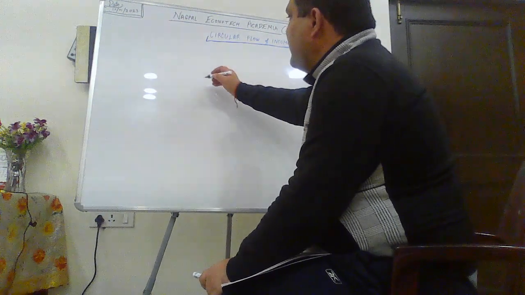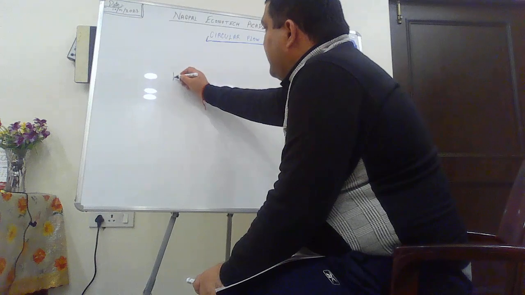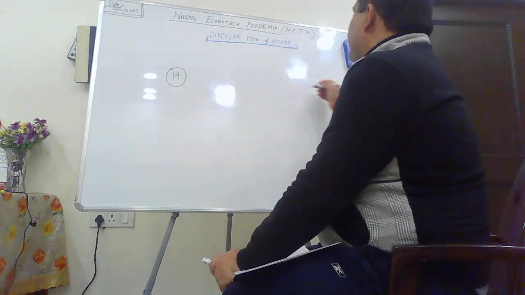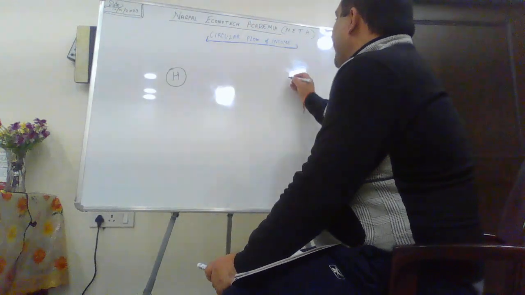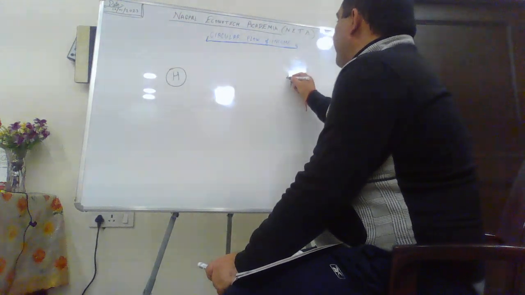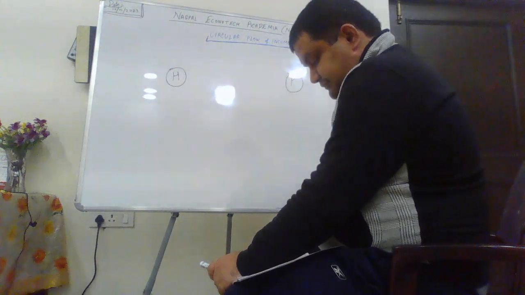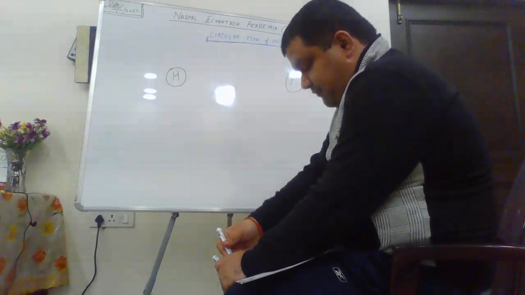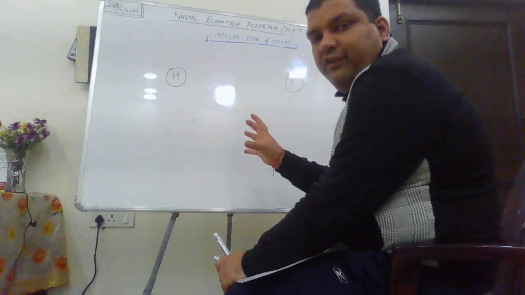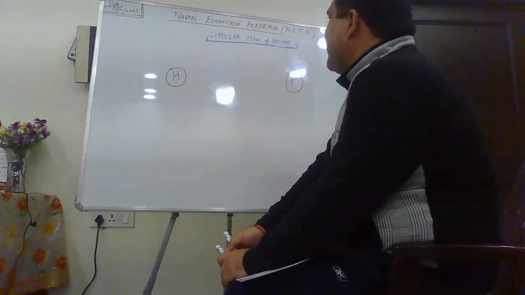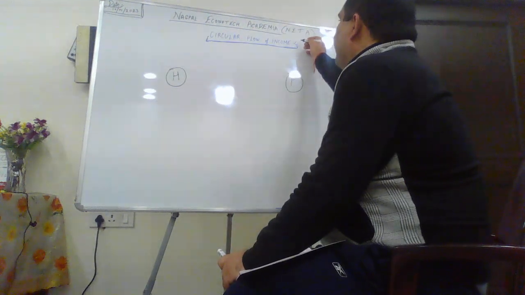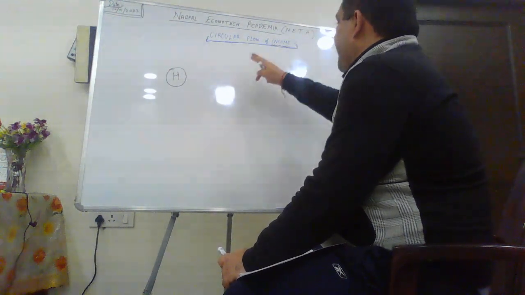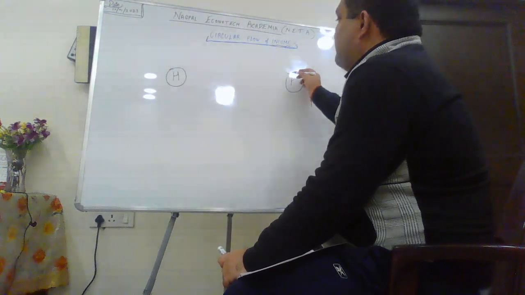So first of all, there would be the household sector, then the firm sector. Here I'm not showing the real flow because we are studying the circular flow of income, that is the flow of money in an economy, the money flow.